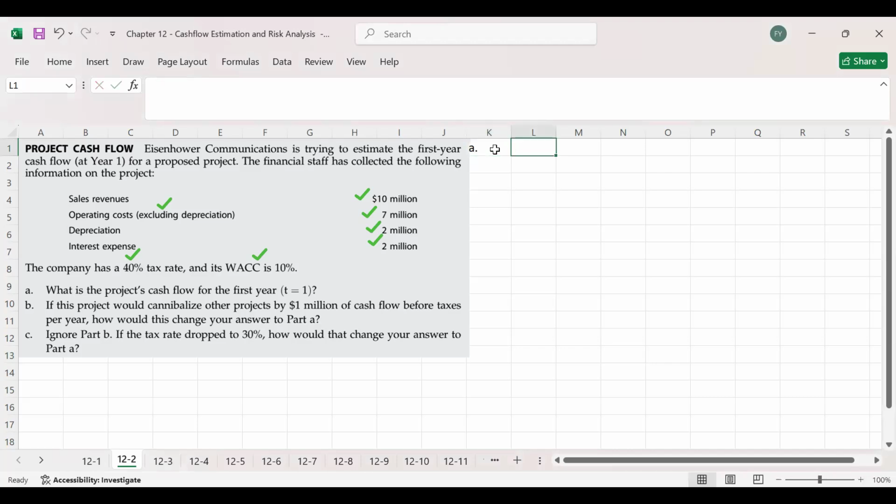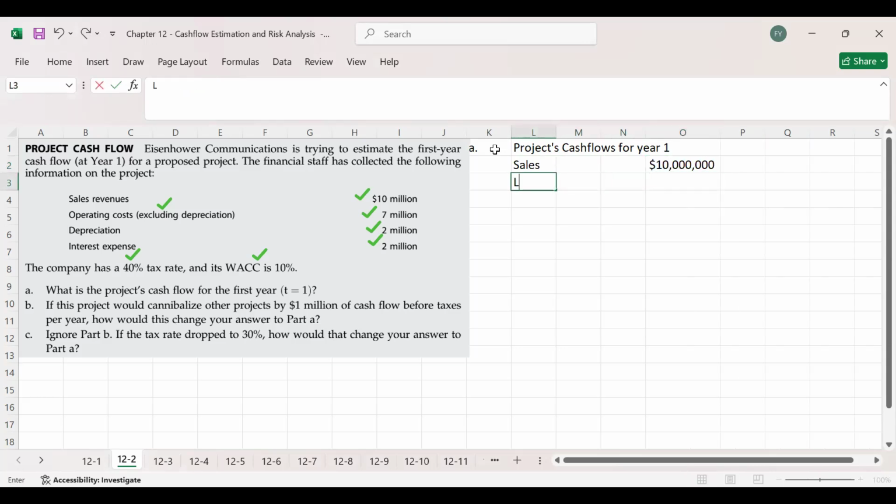Here we have the solution. Project cash flows for the first year, year one. We have sales revenue, which is $10 million.